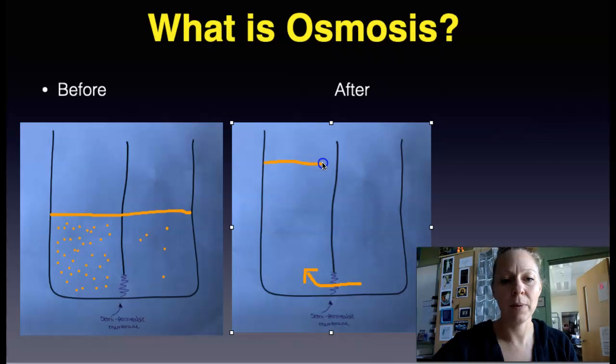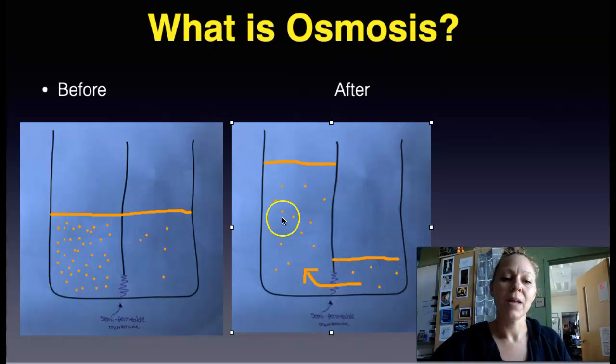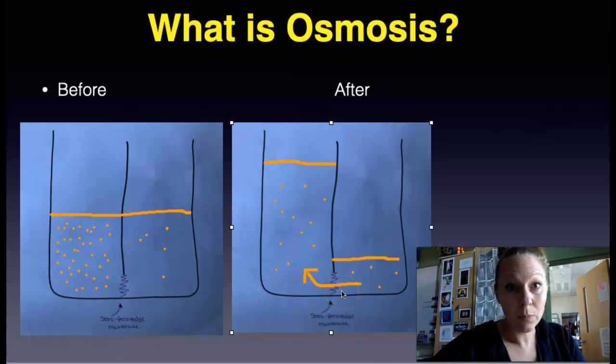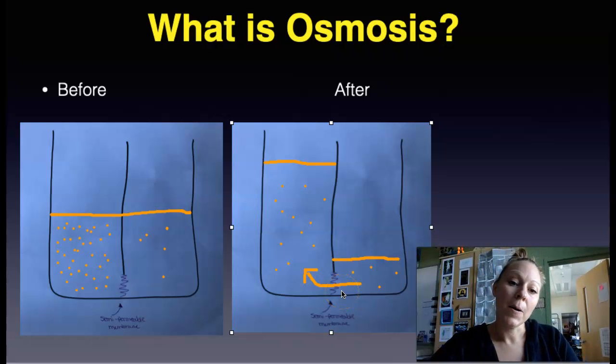It's going to push up and move up the column. And it's going to increase the amount of water on this side to make it less concentrated. And the water is going to sink down on this side, and it's going to make this slightly more concentrated until they've reached equilibrium, until they are more equal solutions or equally concentrated.